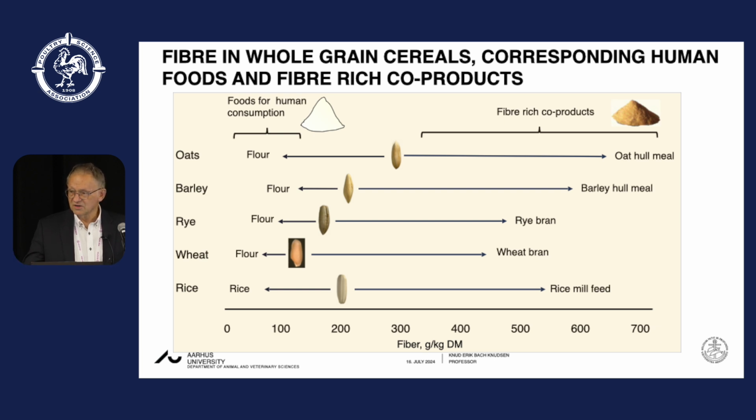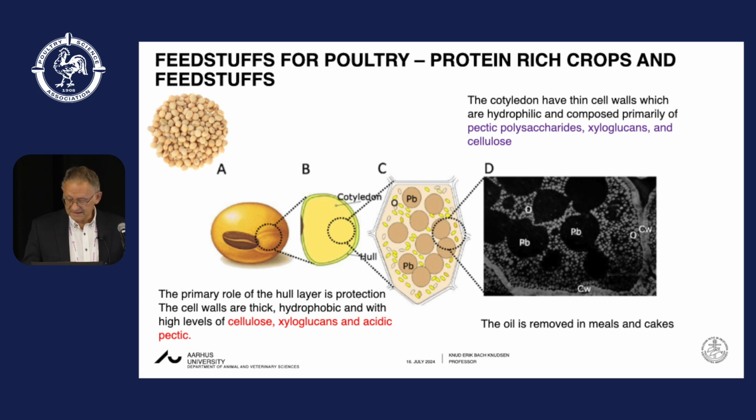Additionally, very much depending on the way they are processed, the concentration in the byproducts will vary far more than what is the case with the grains. The same happens to some extent when you come to the protein-rich crops and feedstuffs.